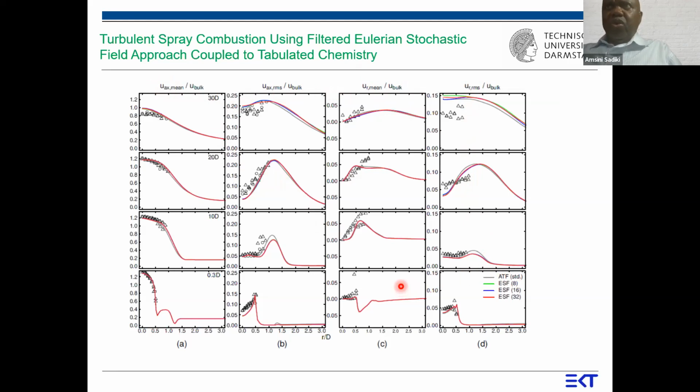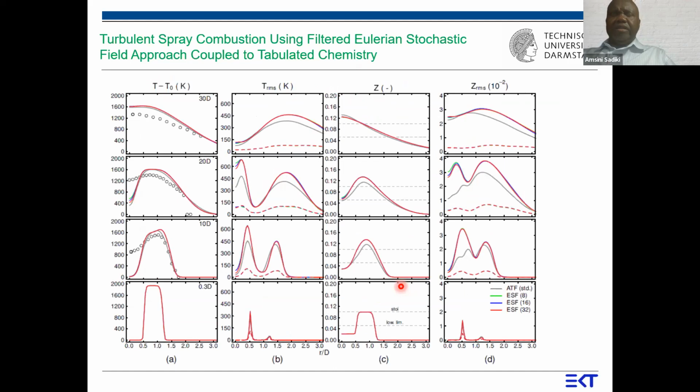And if we go to the temperature and the mixture fraction, and we don't have the result for the mixture fraction there, we obtain these results here for the temperature, and we see that the result is exactly the same for both.